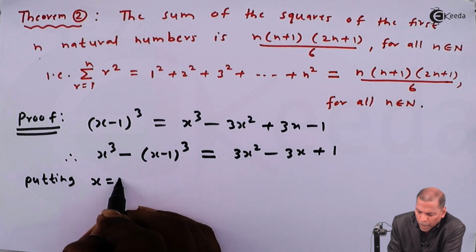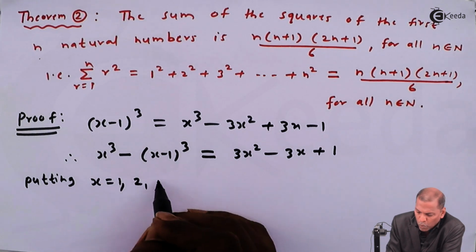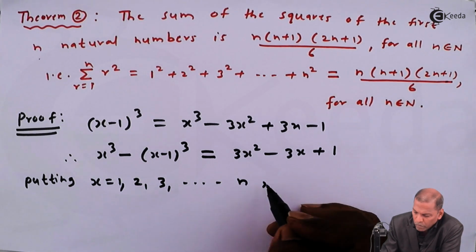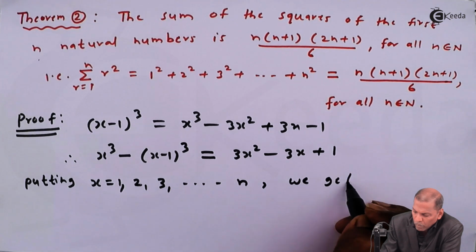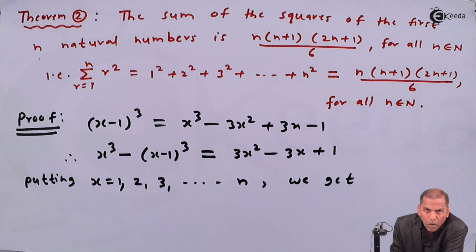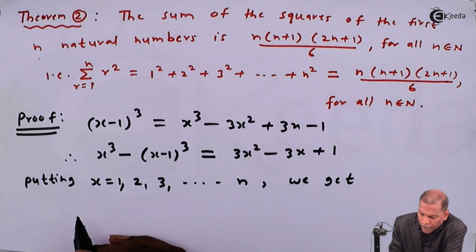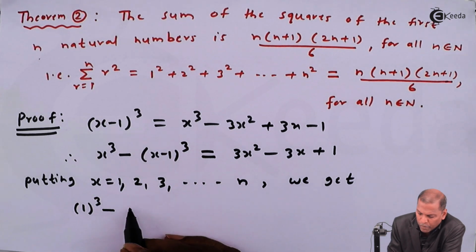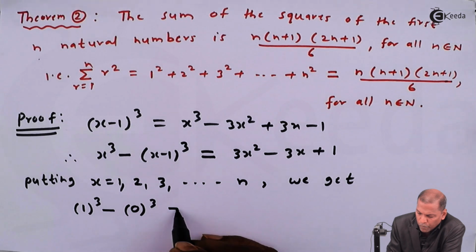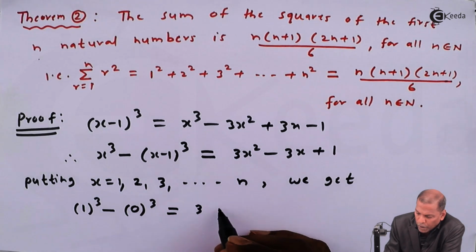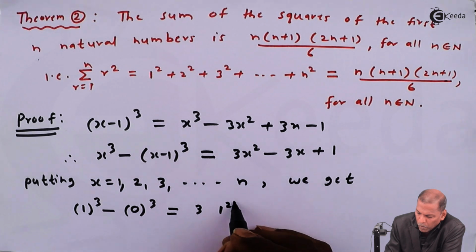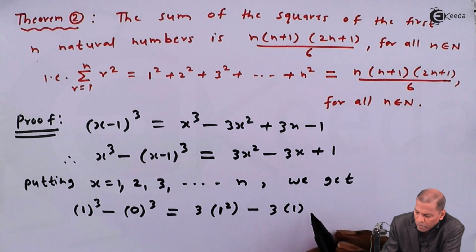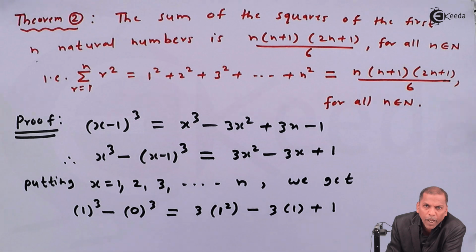Putting x equal to 1, 2, 3 up to n, we get: first we put x equal to 1, then we get 1 the whole cube minus (1 minus 1, that is 0) the whole cube, equal to 3 times 1 square minus 3 times 1 plus 1.